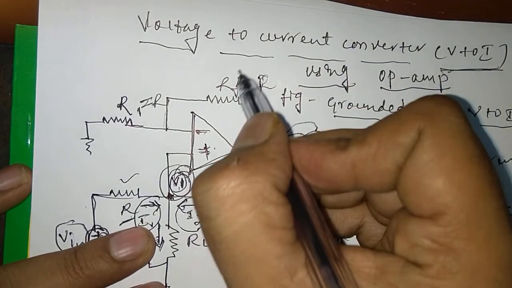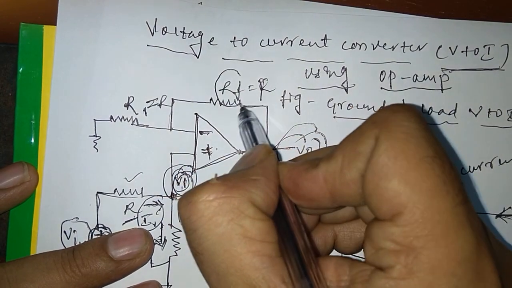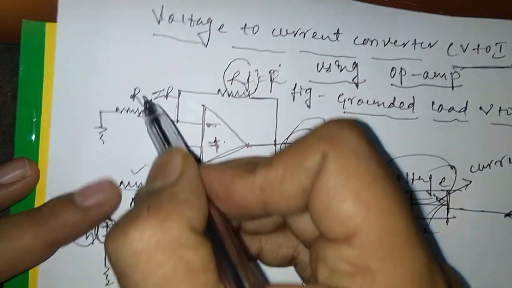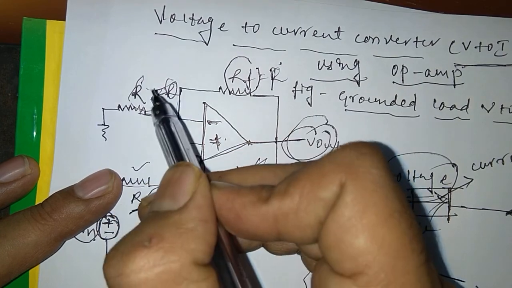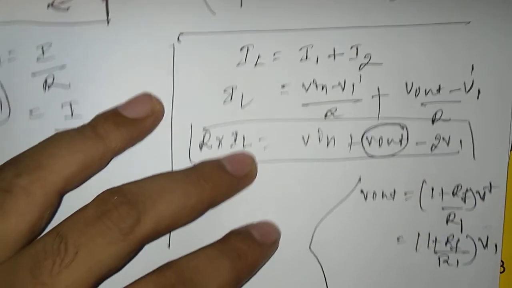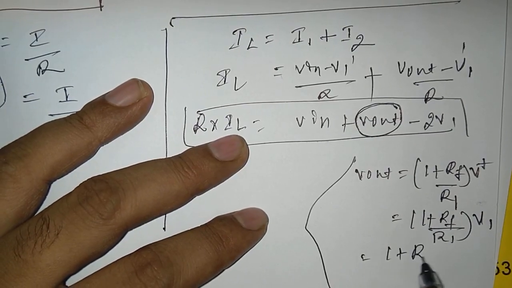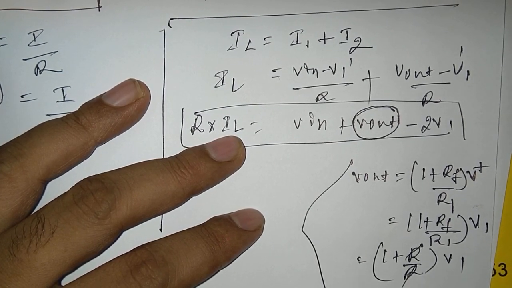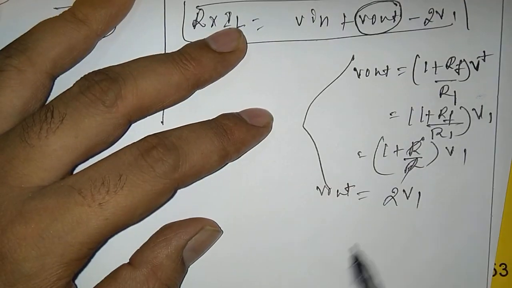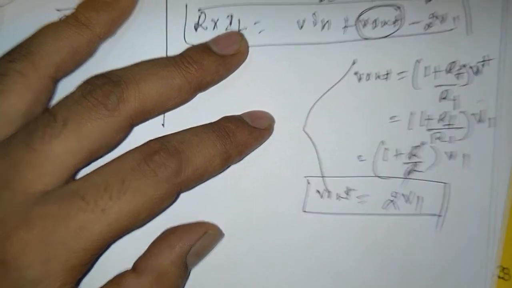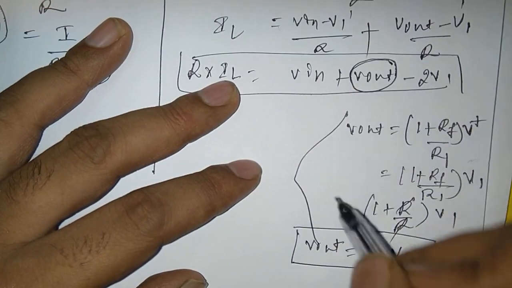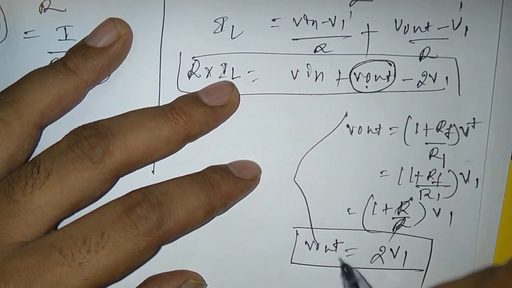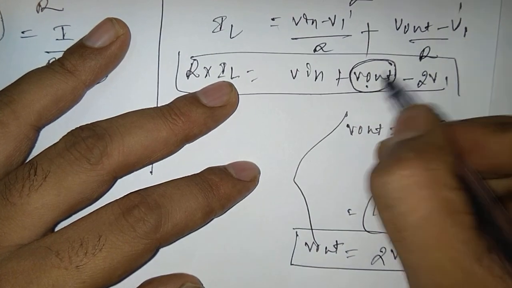One more thing, observe. Here the feedback resistance you have chosen is equal to R. Here R1 also you have chosen which is equal to R. So your equation effectively becomes (1 plus R by R) into V1, which is nothing but 2 times V1. V out is equal to 2 times V1. If you put this value of V out here, what happens?